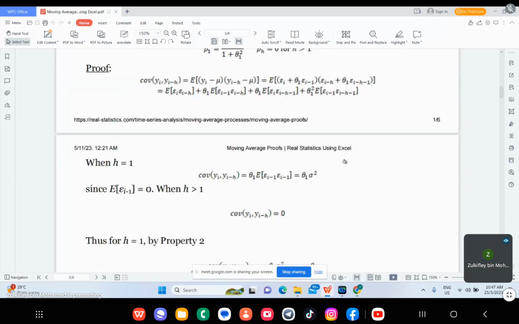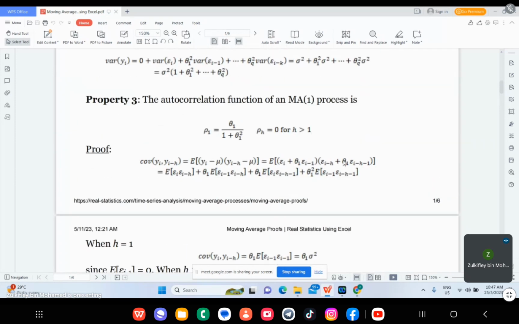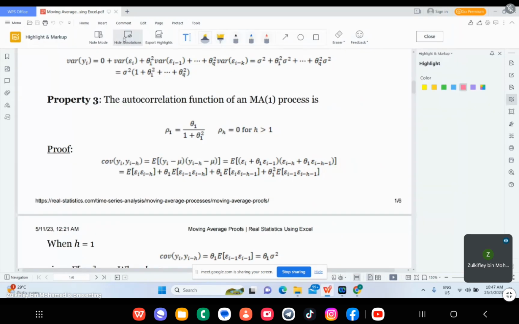given the autocorrelation function for MA1, autocorrelation, the concept of autocorrelation is the same as the correlation. Okay.